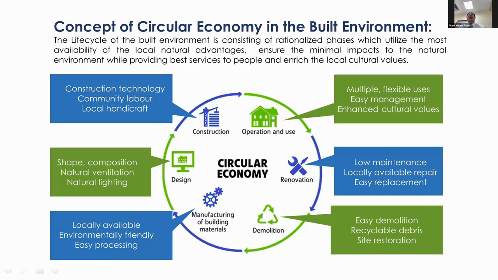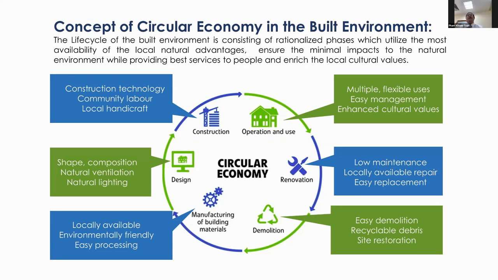And for the design phase, the architects could bring in the shape, composition, and layout of the functions, which are very conveniently related to each other, and get natural ventilation and natural lighting into the built environment to save energy.